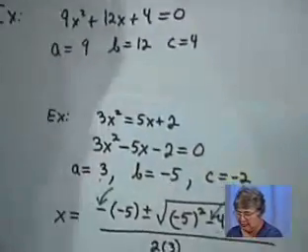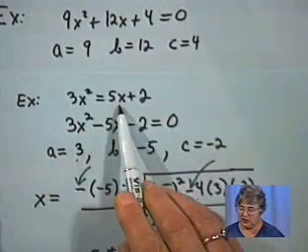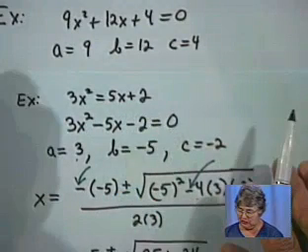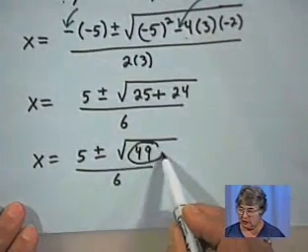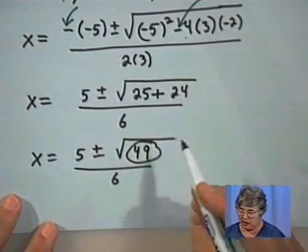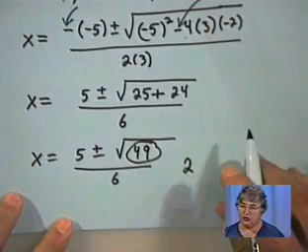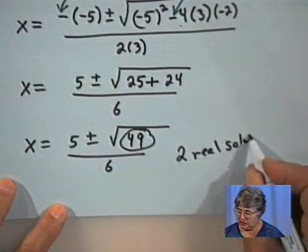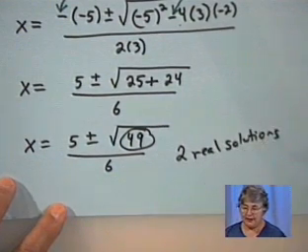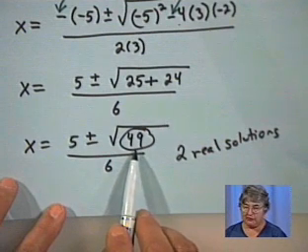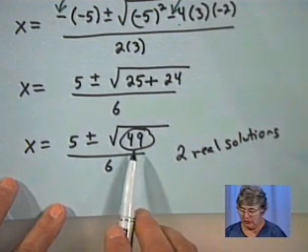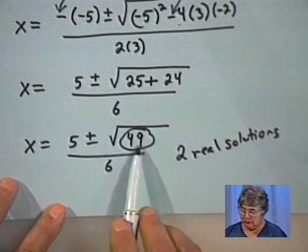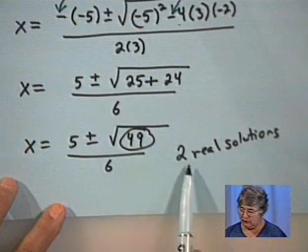One of the earlier examples we had was this one, 3x squared equals 5x plus 2, with a positive number inside the radical. When the number is positive, we end up with 2 different solutions, and in this case 2 real solutions. In this particular case, it happened to be a perfect square, but that won't always be the case. But the important thing is, if that number is positive, we will have 2 real solutions.